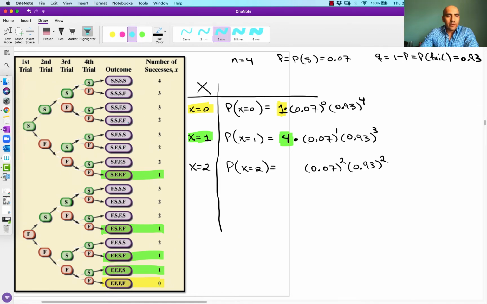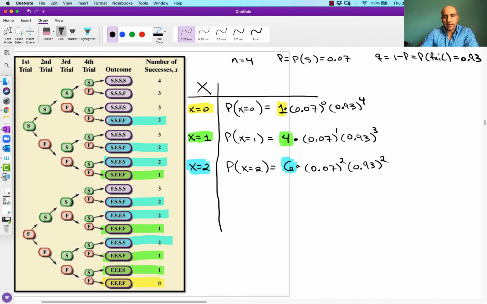So all the ways in which we had exactly 2 successes, that's that one, and that one, and that one, and that one, and that one, and that one. 1, 2, 3, 4, 5, 6. 6 different ways in which we had exactly 2 successes. So we got to multiply this by 6.